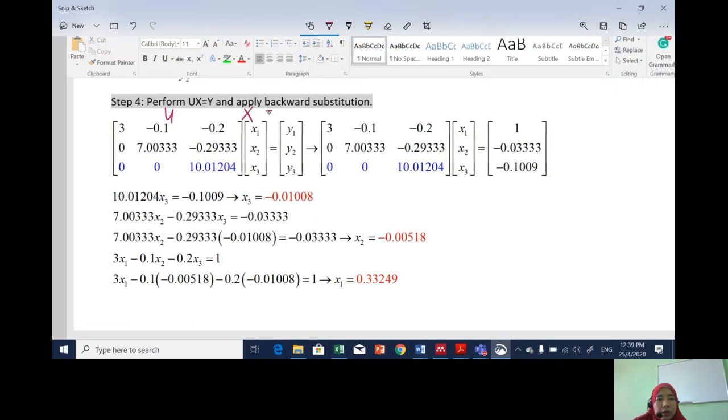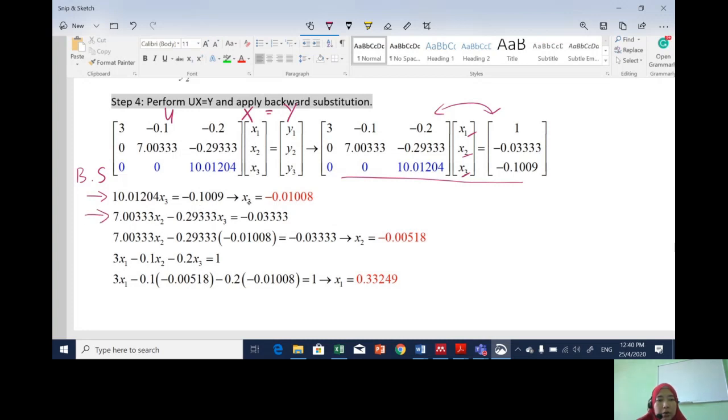Let U times X equal Y, where this Y comes from y1, y2, and y3 that we have from the previous step 3. We write it down like this and solve for x1, x2, x3. In this step we apply backward substitution, so we start finding the solution for x3 first. This comes from row number 3, the last one, so we solve for the unknown and then we have x3. Then we do similarly for the second row, and we write down the equation like this.